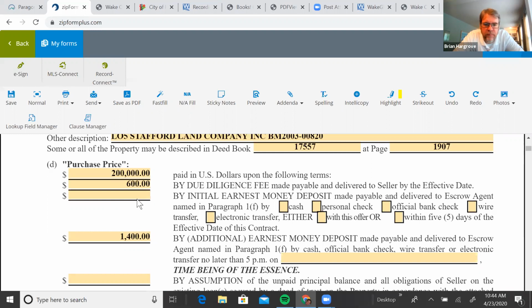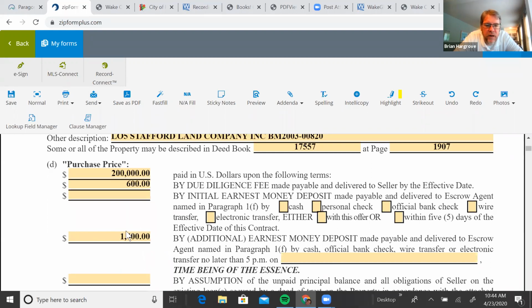Here's my thought on it. This money, this $1,400, is no one but the buyer's during the due diligence period. The buyer is protected. If they walk from this deal during due diligence, they get this back, right? They're not going to see the $600, but they would get the $1,400 back.